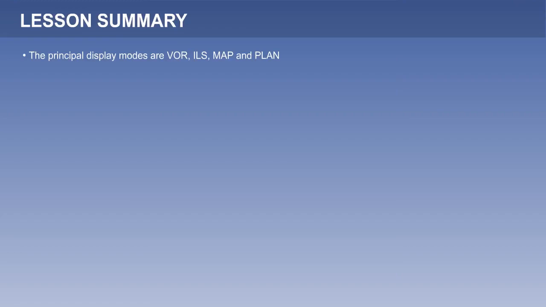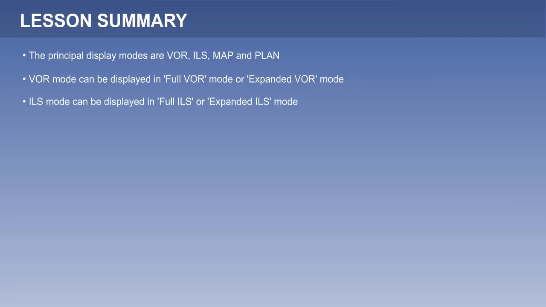The principal display modes are VOR, ILS, Map, and Plan. VOR mode can be displayed in full VOR mode or expanded VOR mode. ILS mode can be displayed in full ILS mode or expanded ILS mode.